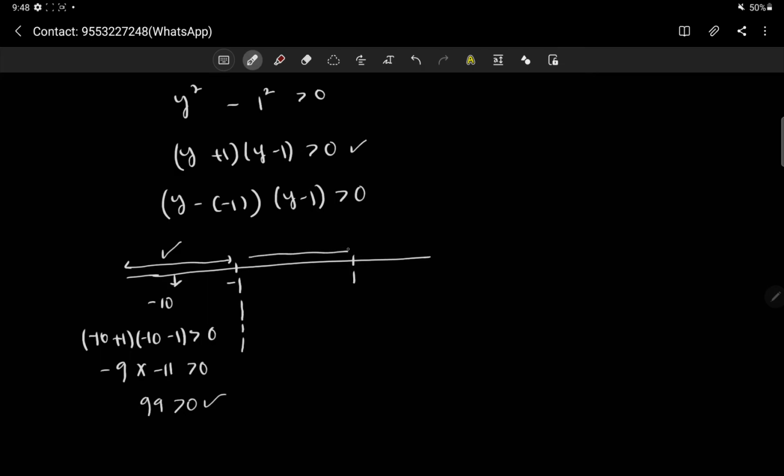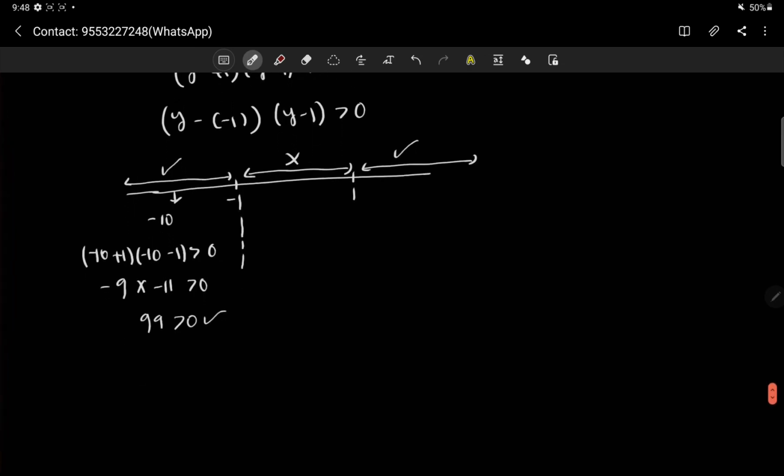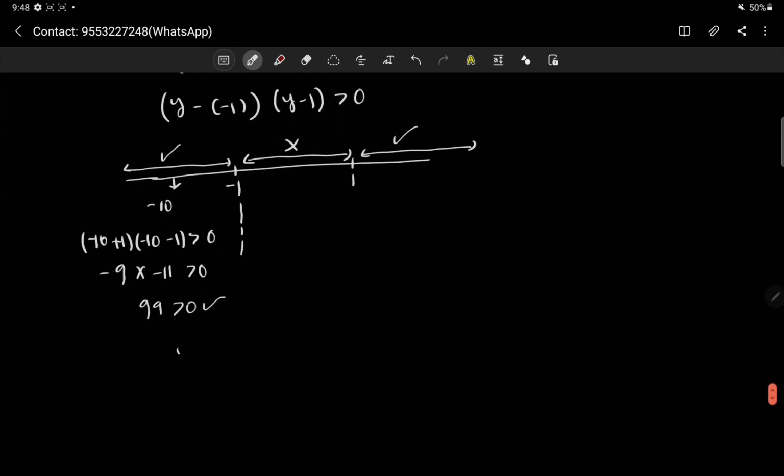And check for these values also, you can't take these values, and check for these values also, you can take these values. Okay, so what we can take? y can be taken from minus infinity to minus 1 union, and y can be taken from 1 to infinity.